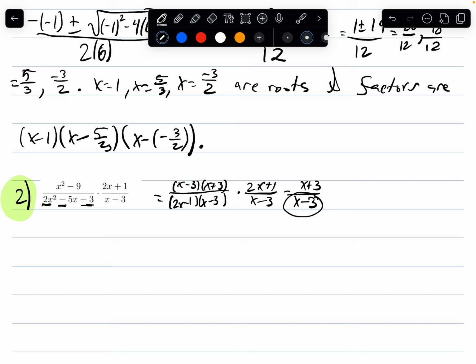But we can't just look at this guy here, we have to look at the whole original denominator, which means that we are not allowed to input, or it's undefined for x equals 3, that comes from here, and 1/2. Cool. And now we look at number 3.